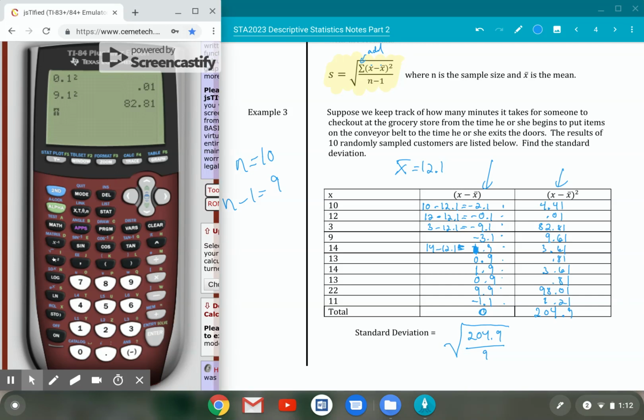I'll hit second and x squared to grab my square root on my TI calculator. 204.9 divided by 9. And I'll close those parentheses. So it's all under the square root. And there's my standard deviation, 4.771.